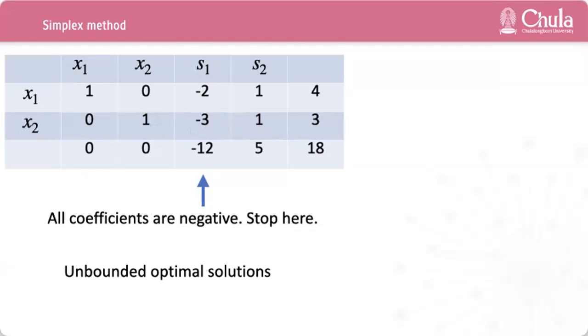So this case is an unbounded optimal solution. Remember, at the beginning, I told you the 4 special cases, and this is the unbounded optimal solution.